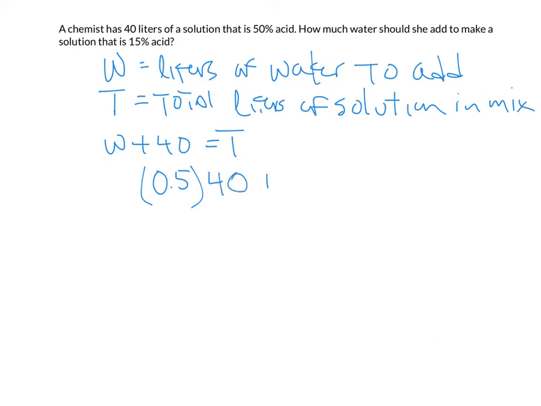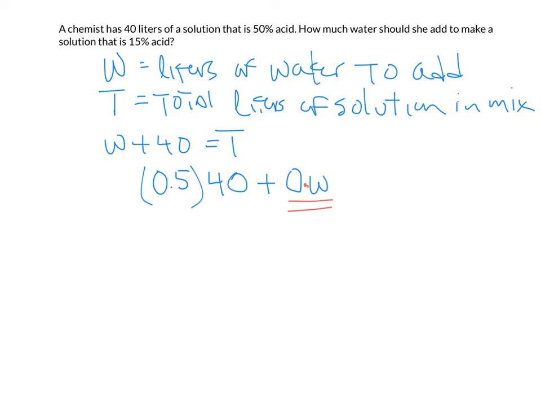And then we're going to add some water. So what percent acid is water? Well, it's 0%, so it's 0W, which you obviously don't really even need to write, but I'm going to underline that just to emphasize it. This is 0 times W, which means the water isn't contributing any acid.